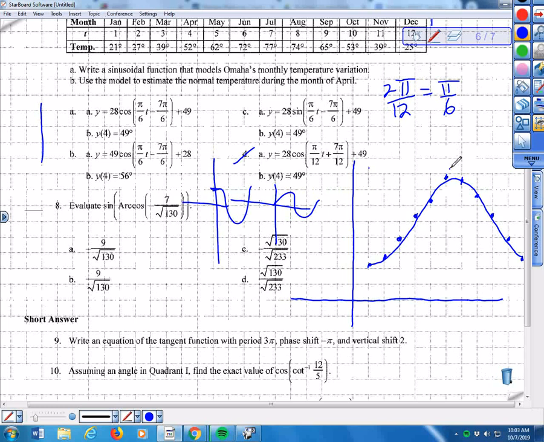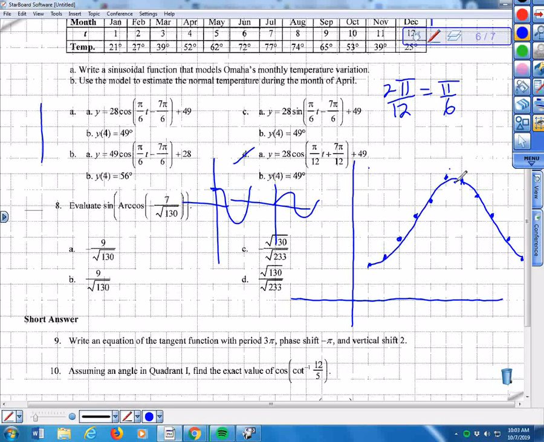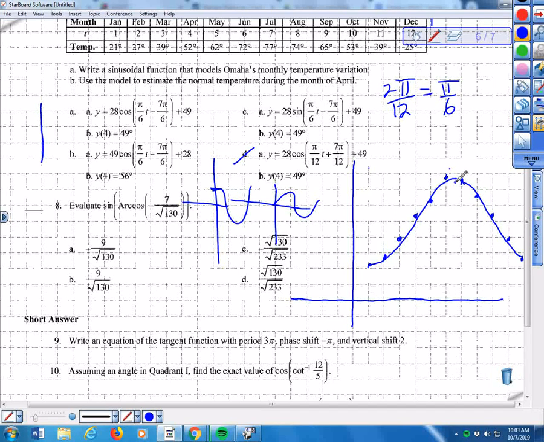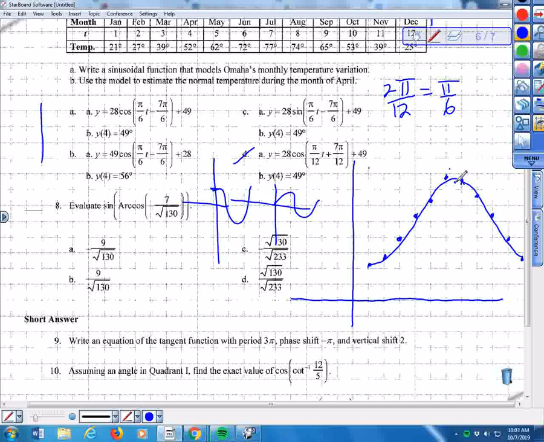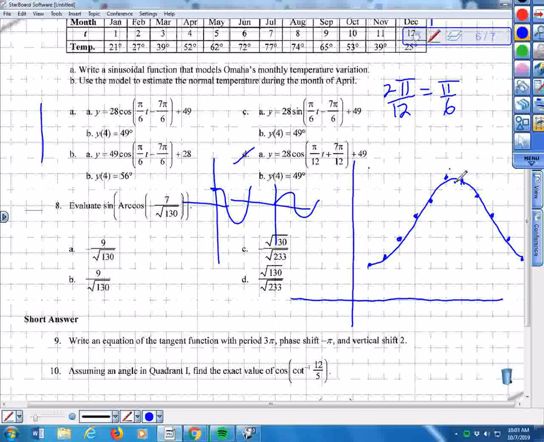There's your 7 pi over 6 that had to shift all the way over here, which means if this is my peak, well, the peak happened where? January, February, March, April, May, June was my high. Well, let's call it 77, and then it started at 21. What's the difference in 77 to 21?